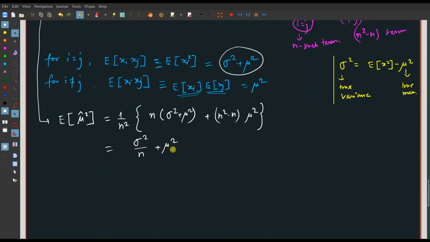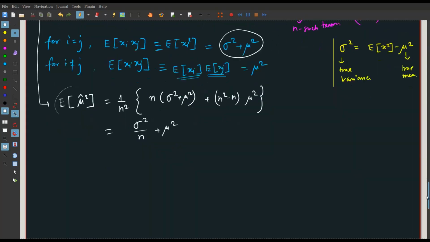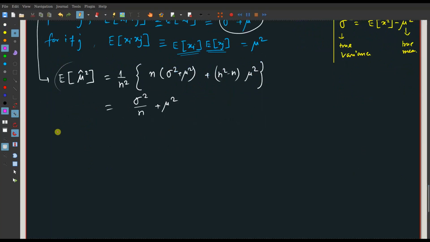So this is my expectation value of mu hat square. Now, what is the expectation value of x square bar?